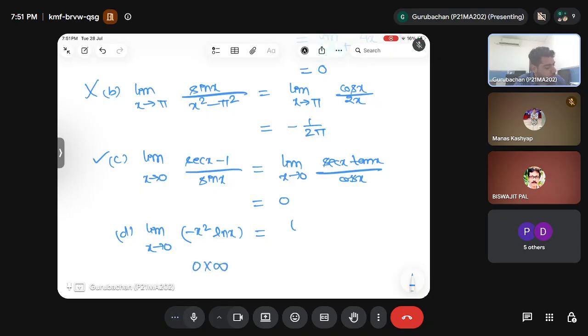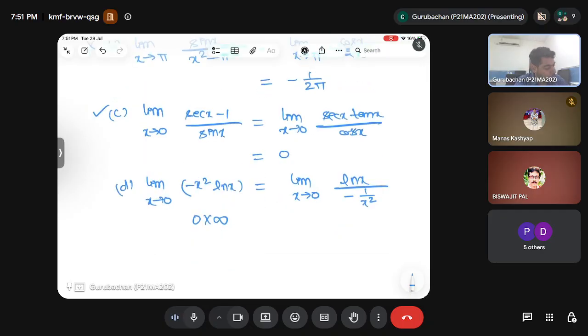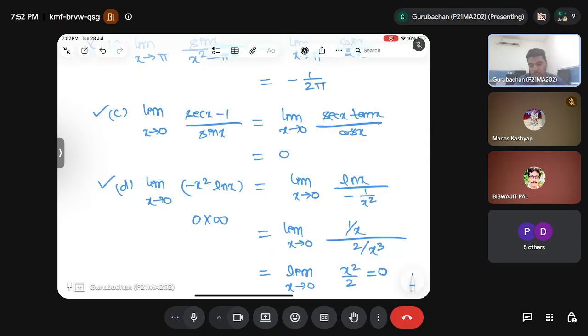When you shift the x square term into the denominator, ln x divided by minus 1 by x square, now it will be infinity by infinity. So limit x tending to 0, this will be 1 by x and this will be 2 by x cube. So this will be limit x tending to 0, x square by 2, which will be 0. So this is also correct.